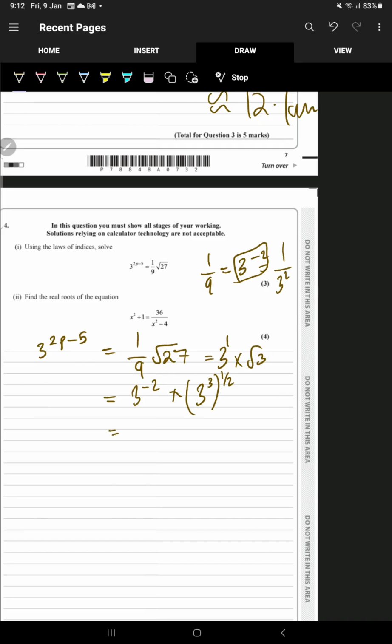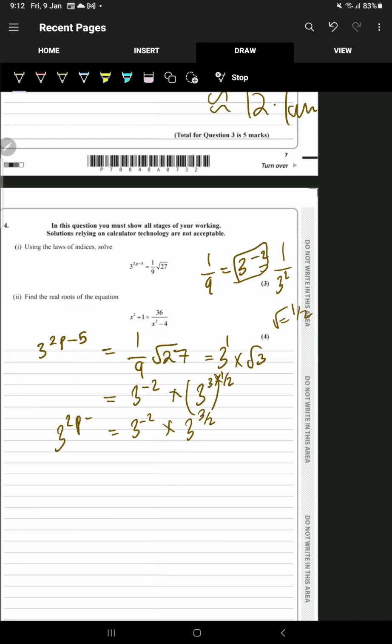If you expand this, you multiply the powers, the whole root is going to be outside the bracket. So this is going to give us 3 to the power of 3 over 2. Similarly over here, if you add 1 plus a half, root is equal to power of half, you would still get 3 over 2. Both ways work.